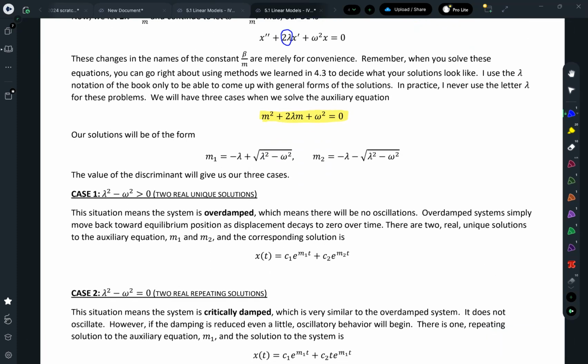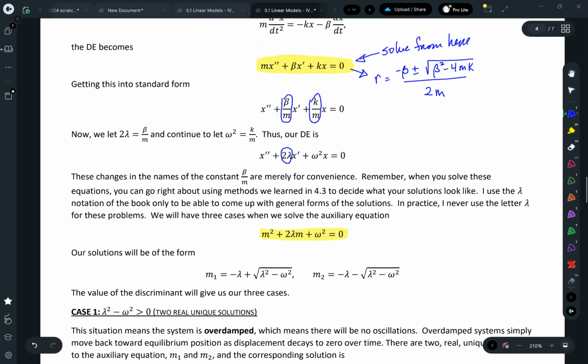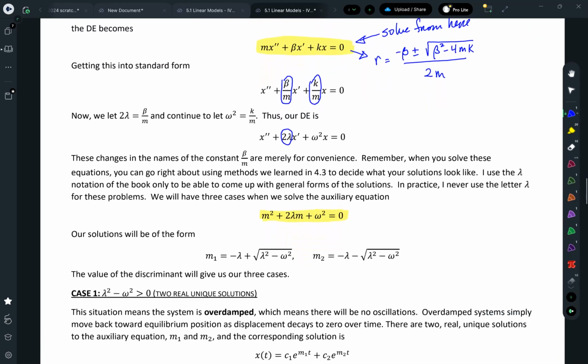If the discriminant is positive, we get 2 real unique solutions. And now remember that in all of these cases, we let x equal some e to the rt.